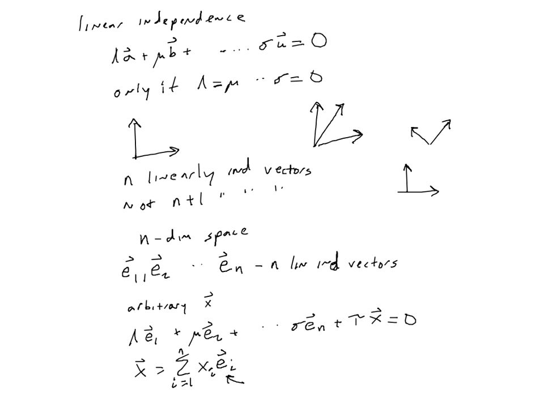And so we'll say that this E sub I is a basis vector, or coordinate basis. The x's here are components. So they basically just say how much of each basis you are going to use.